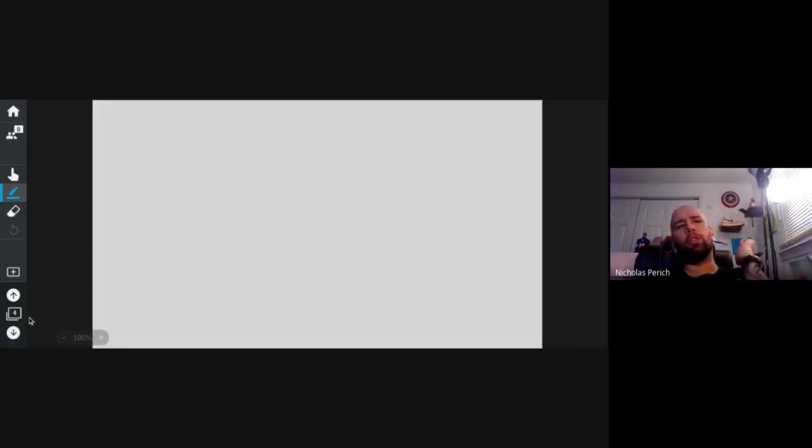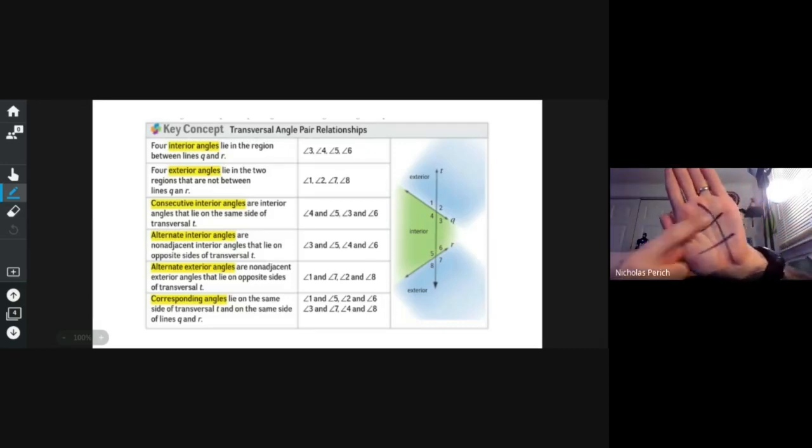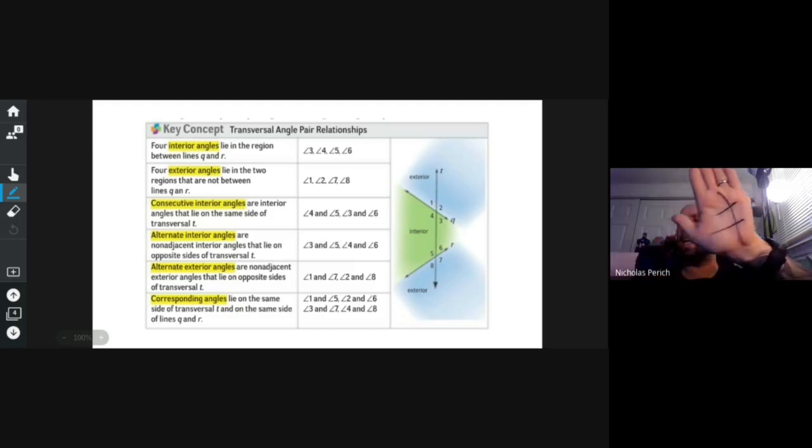With transversals and lines, you have all these definitions that eventually will pop up on the screen, and there they are. When you take a line like this, and that straight line cuts through two other lines, you're going to create 8 angles: angle 1, angle 2, angle 3, angle 4, 5, angle 6, angle 7, angle 8.